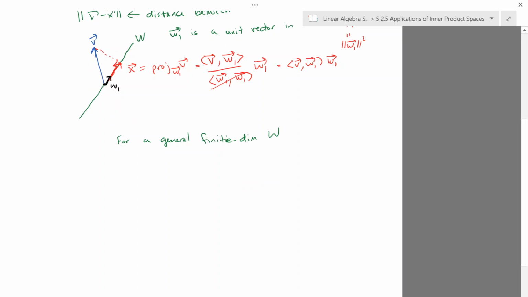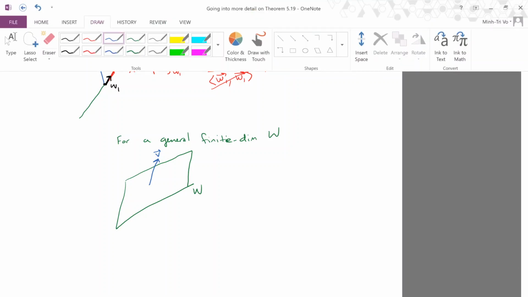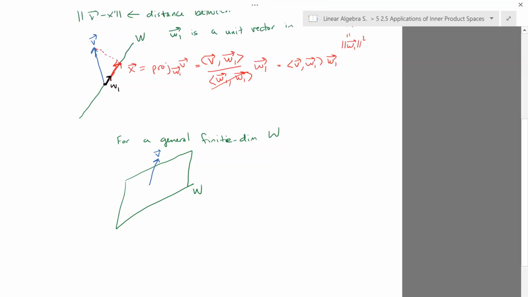So I can't really visualize W, but imagine this is my subspace W. I'm representing it as a plane, but again, this is not really representing it visually, but we want to somehow picture essentially what's going on, right? So I have my vector V again, and so solving the least squares problem again is just finding the point in the subspace W that's closest to the vector V, right?